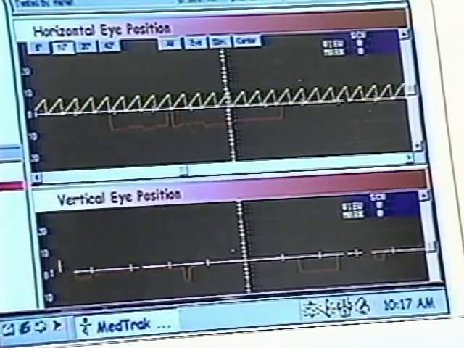In the vertical channel, we see also a complete lack of optokinetic response, which is clearly abnormal. This is an indicator of a non-localizing CNS finding, and it should be noted that if the tracking and saccade testing is normal, the optokinetic testing cannot be abnormal.